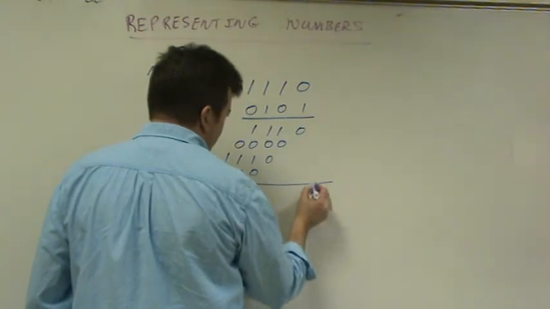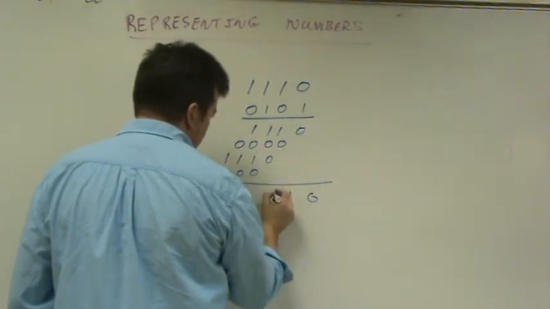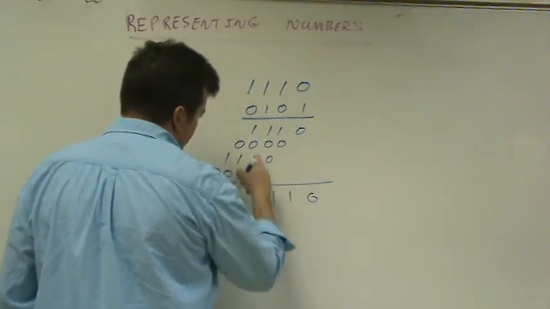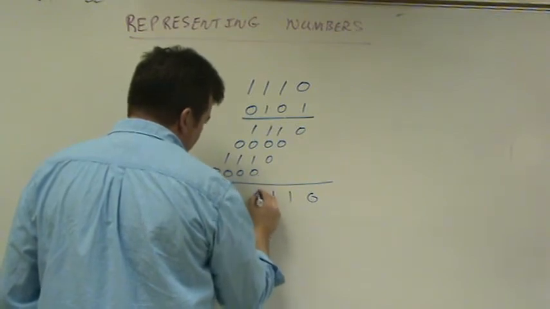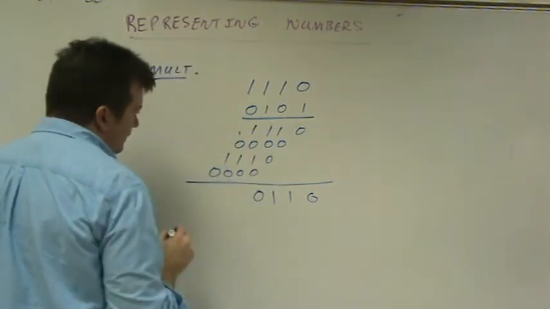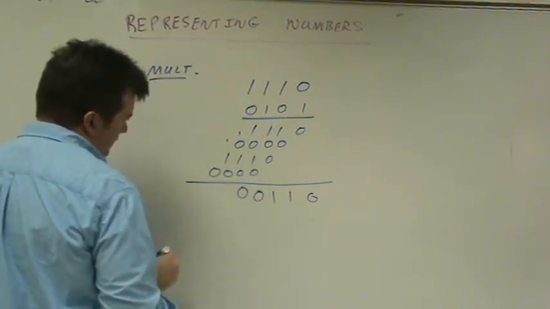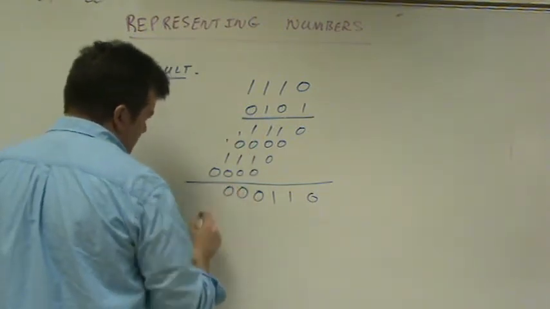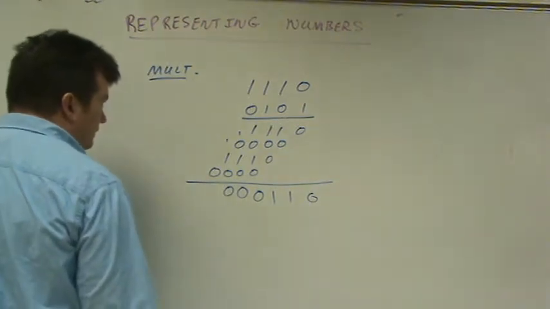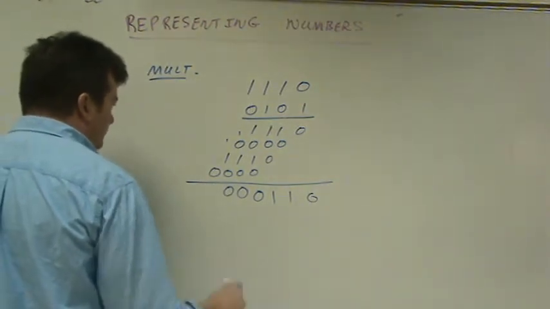So we just add this up, 0, 1, 1. This is 2, so that means 0 carry the 1. 2, that means 0 carry the 1. 2. That's right.